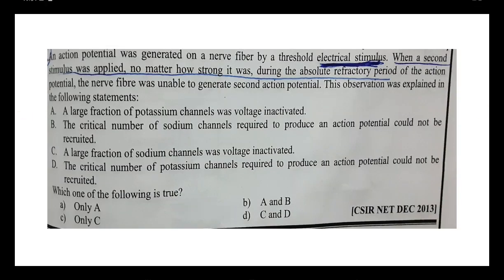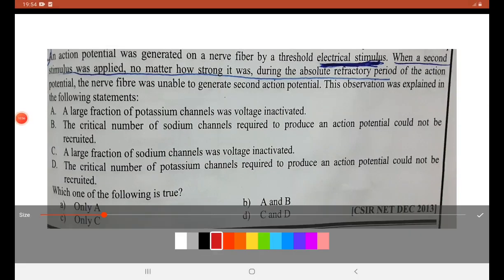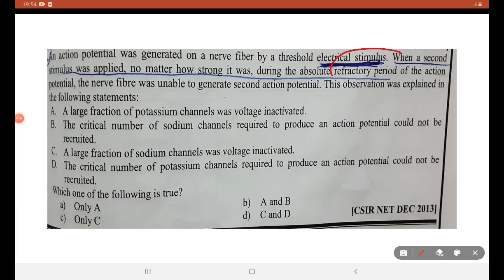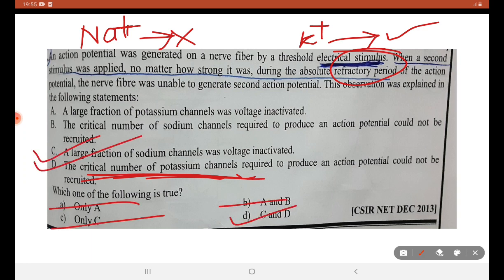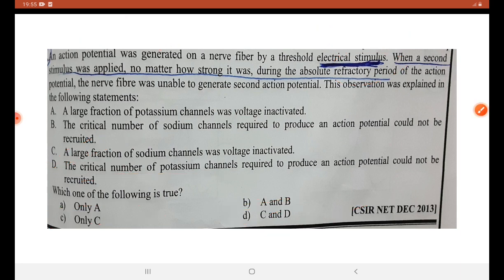Okay. So during this refractory period, there is Na+ inactivation and K+ activation. So a critical number of potassium channels is required. So C and D is the right option. Other things are not correct. C and D is the right option.